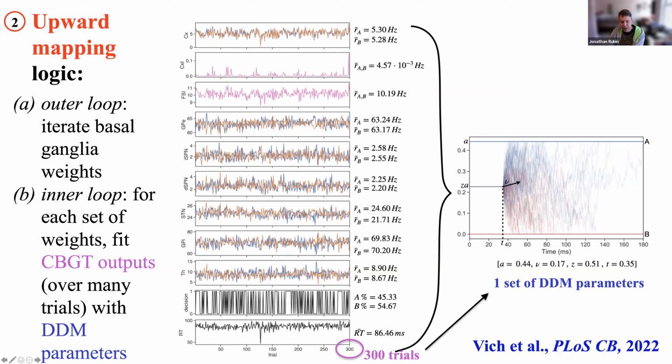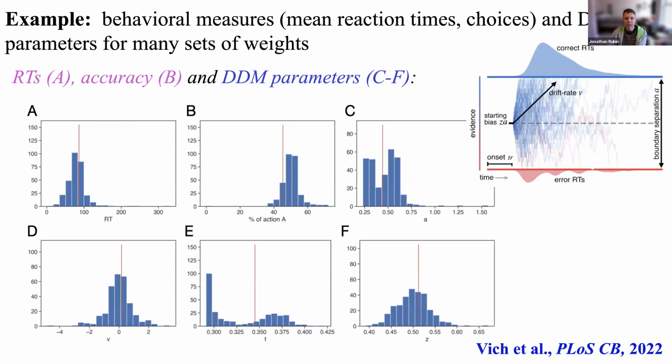Based on these pieces of information that we read out, we fit a single best-fitting set of DDM parameters. Then we iterate the outer loop again, and that generates another single set of DDM parameters in this way.